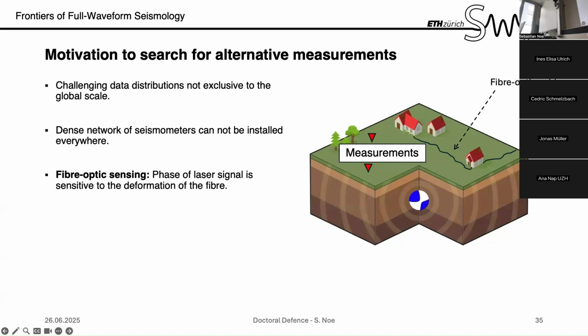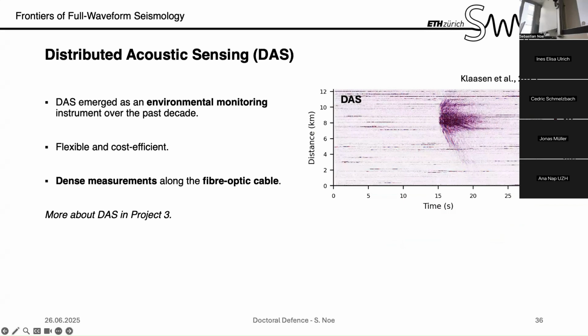And the most popular kind of fiber optic sensing is distributed acoustic sensing. So what you can see here is an earthquake measurement for a fiber that's like 12 kilometers long. On the y-axis, this is the fiber direction, and this is the time, and you have a clear earthquake signal here. And what's so interesting about this is that you have really dense measurements of strain along the fiber.